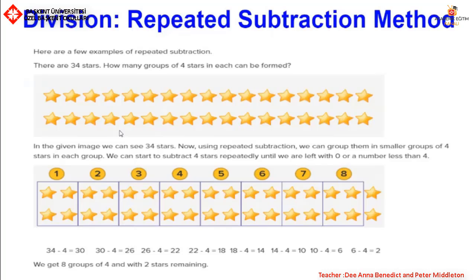So they subtracted 4 and made it group 1, subtracted 4 and made it group 2, all the way until there were 8 groups of 4 stars, with 2 stars remaining. So we know that the answer must be 8 with a remainder of 2 when you divide 34 stars by 4.